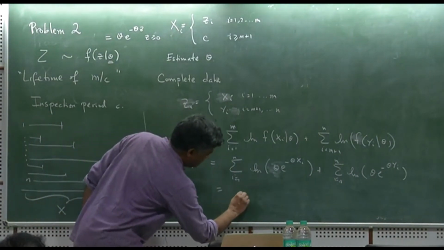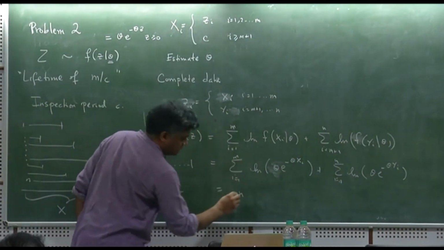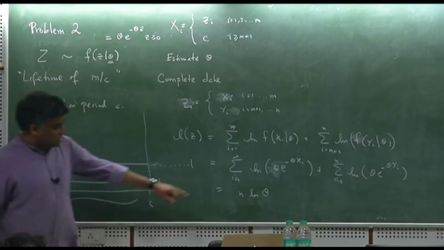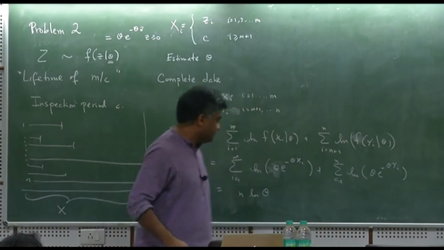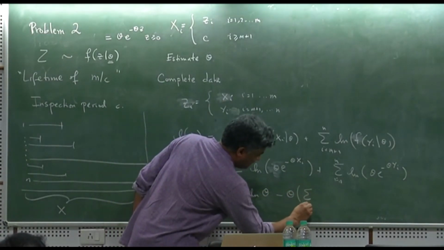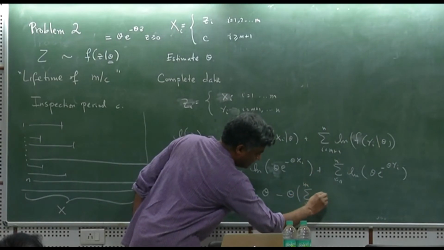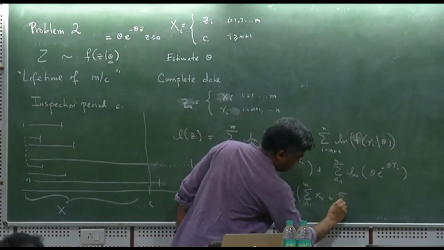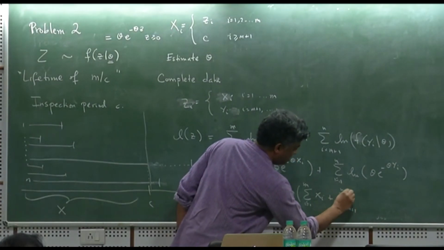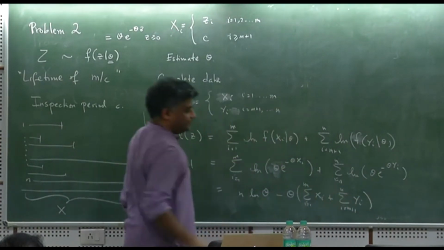So you get n log theta, that's the first term. This is theta from here, theta from there, minus theta times the summation of i going from 1 through m of xi plus the summation of i going from m plus 1 through n of yi. These are the missing part.